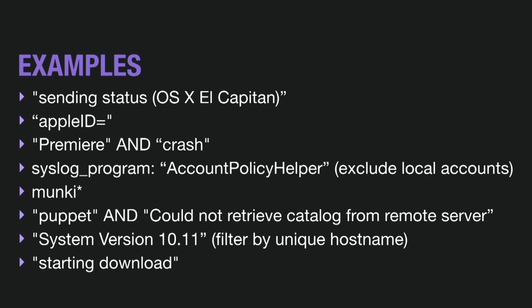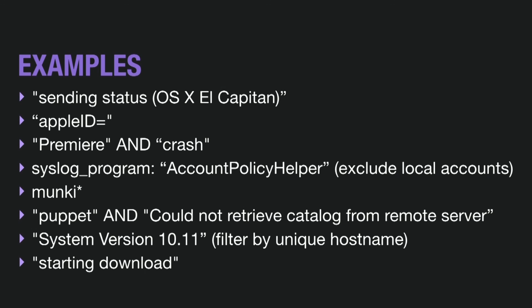Examples of things that I have searched for in the past. Sending status, OS X El Capitan. That's the first line in your install log when you download El Capitan from the App Store. It says sending status, and then you will get 1%, 2%, 3%. If you've never seen it, go download something from the App Store and pull up the commerce log.